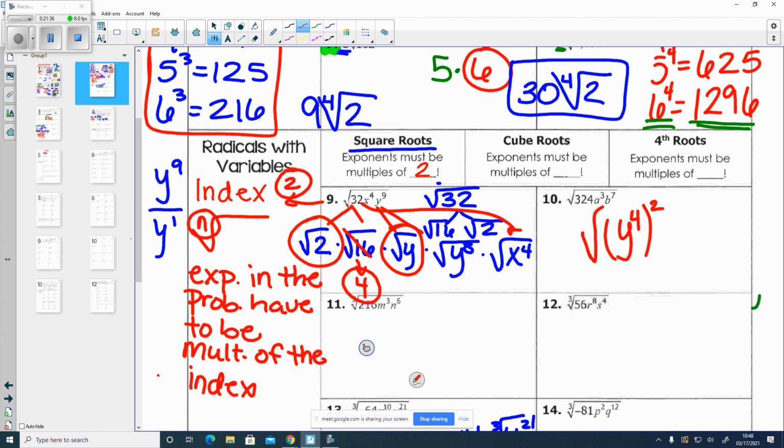But if I did the square root of that, this goes away and I'm left with y to the 4th. I know that's kind of complicated to think. The shortcut is you just divide this exponent by the index. So if I divide 8 by the index, the index in this case is 2, I'm going to be left with y to the 4th. So this turns to y to the 4th.